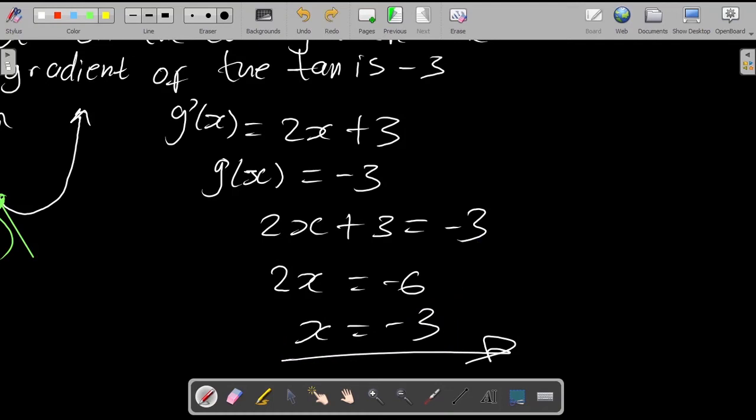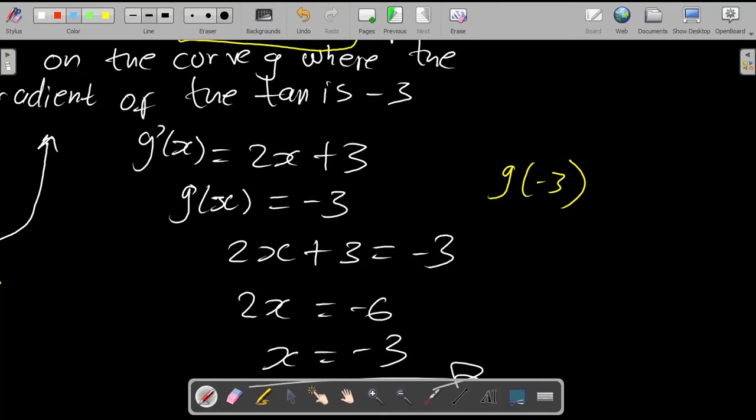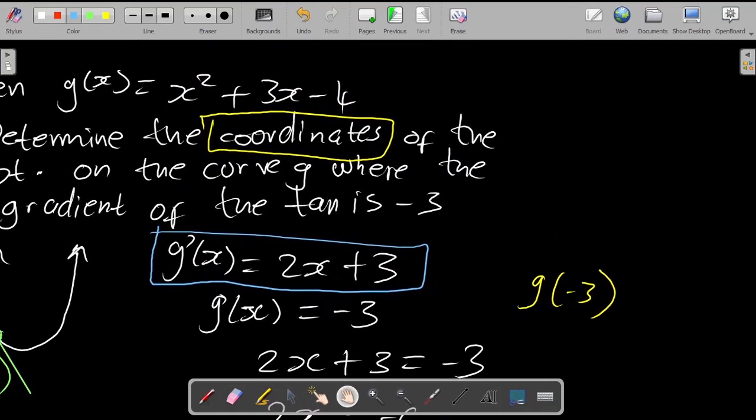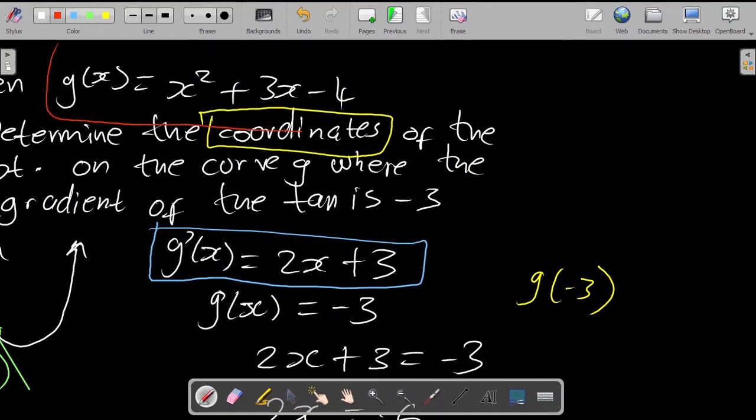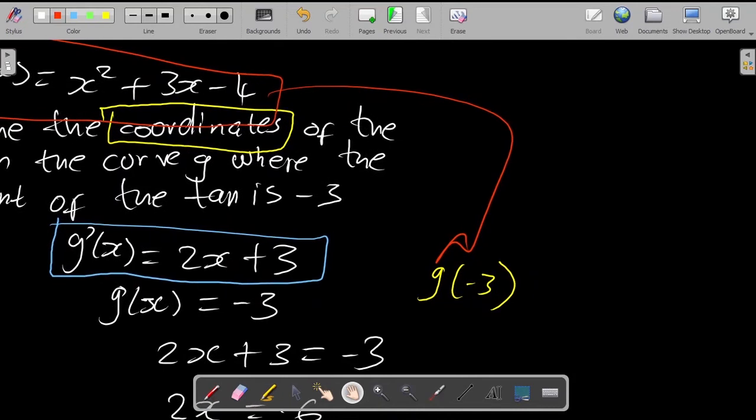But not just anywhere. We have to find the y coordinate by substituting this back into the original. So don't make the mistake of substituting this into this function, because this is the derivative, which is the gradient formula. We want an exact coordinate, so we substitute back into the original formula up there. Now, if you do that, then let's see what we get.